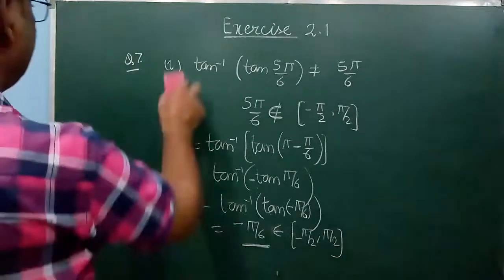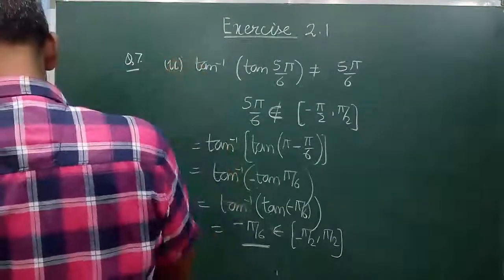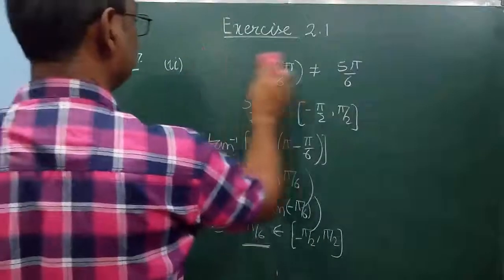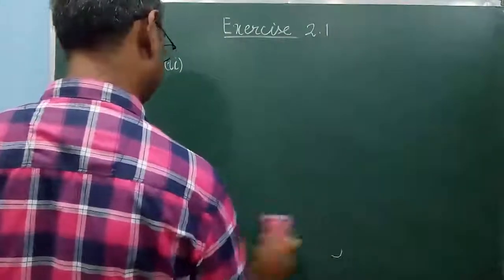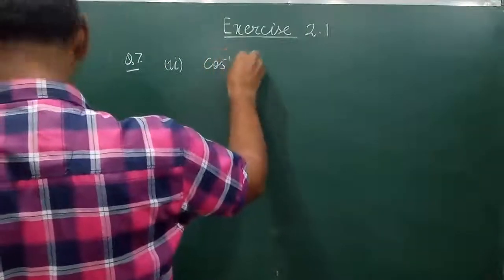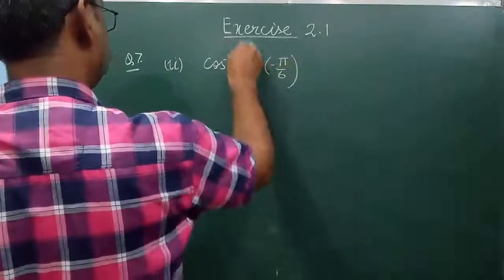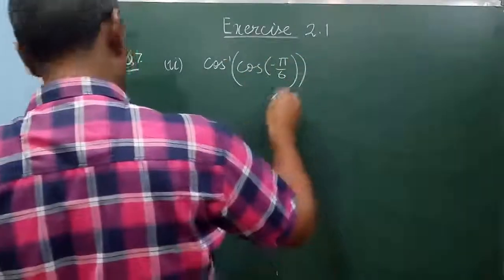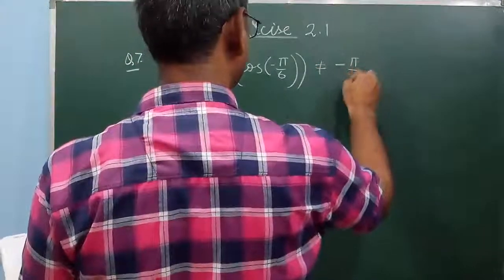Now the second part. Second part is cos inverse cos minus pi by 6, which is not equal to minus pi by 6.